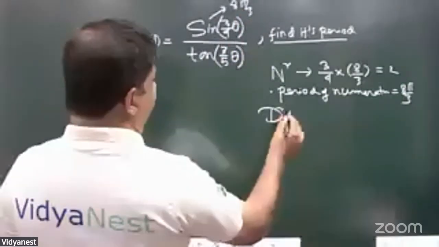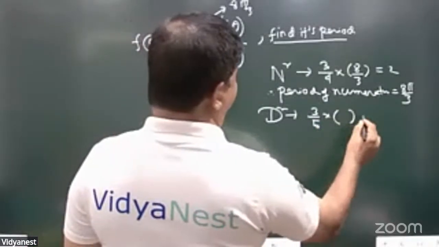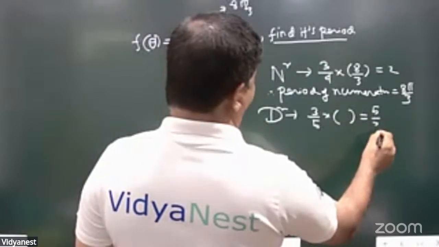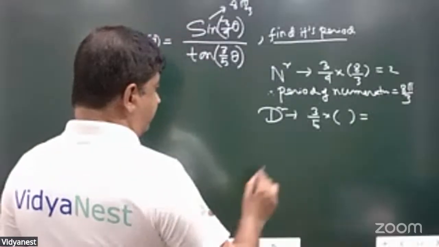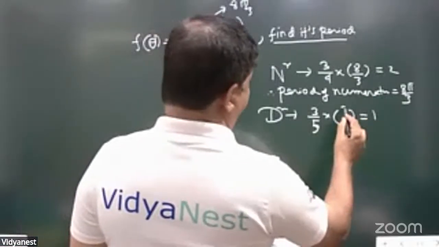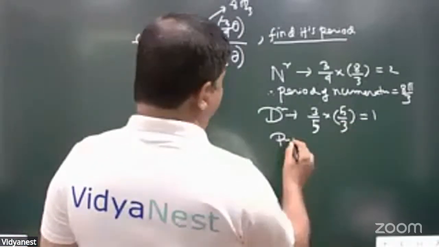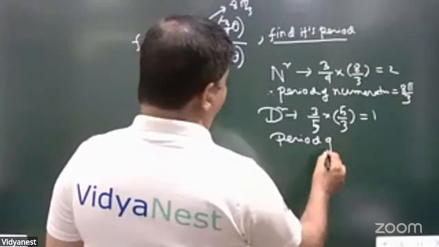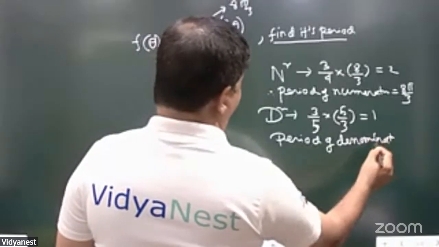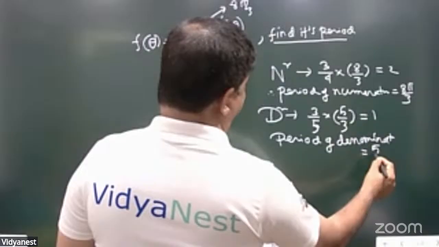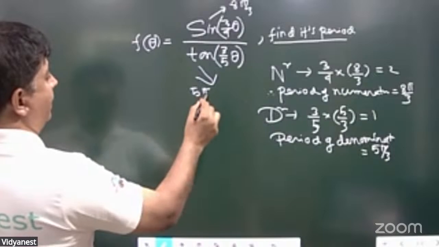In the denominator, with 3/5, what can I multiply to get 1? 5/3. So the period of the denominator is 5π/3.